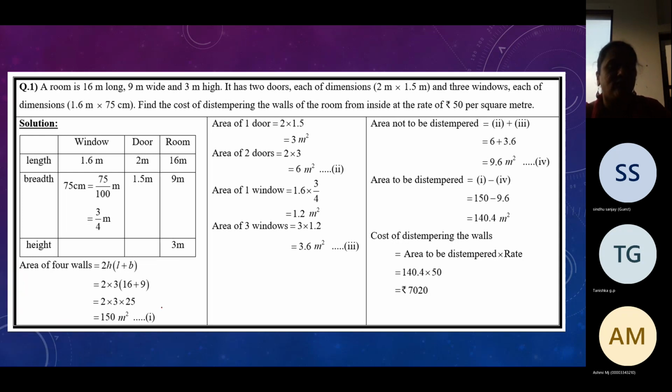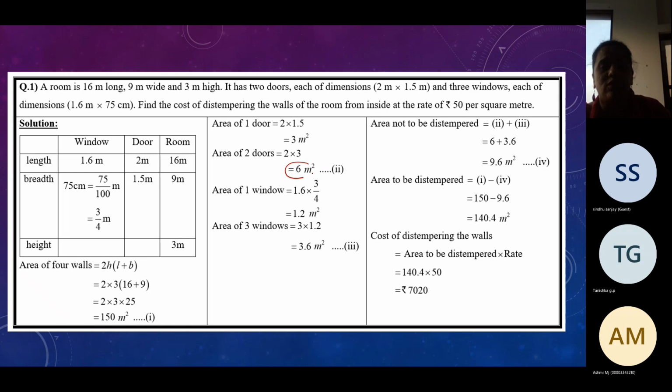See here. First find the area of 4 walls, then area of 1 door, then area of 2 doors will be 2 into that. 1 door is 3, so 2 doors will be 2 into 3, 6. 1 window is this one. So 3 windows will be 3 into 1.2. So area not to be distempered is equal to 2 plus 3. Correct?